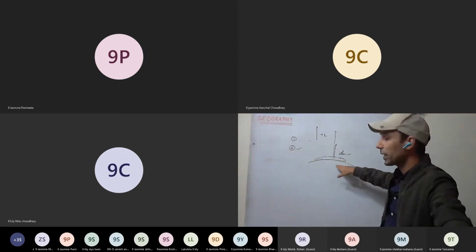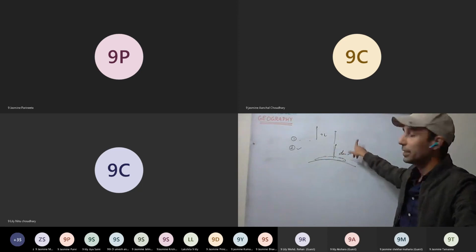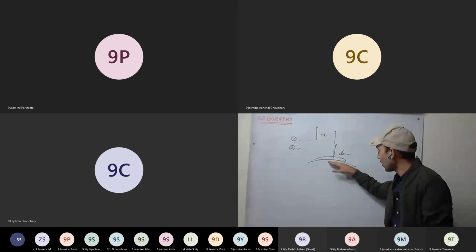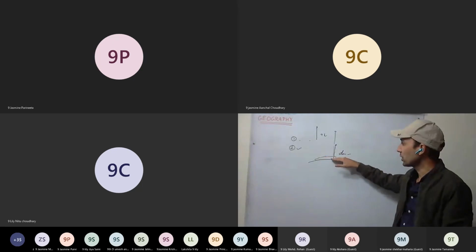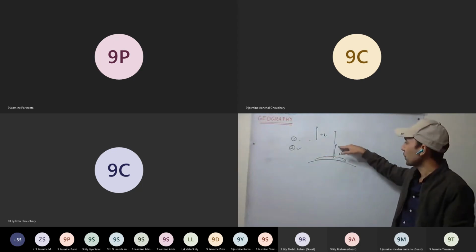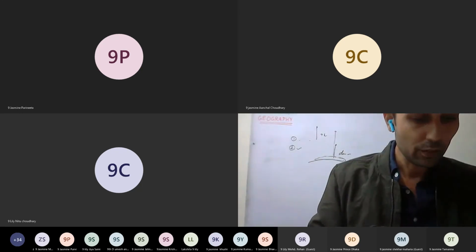Now the ground radiates back, and this hits the atmosphere. Therefore, the ground is heating the atmosphere. So the layers of air lying near the ground surface will have more temperature as compared to the layers lying above. Okay, you can write all that.